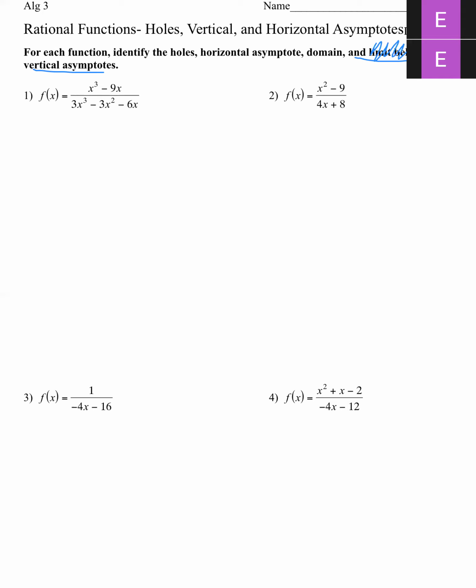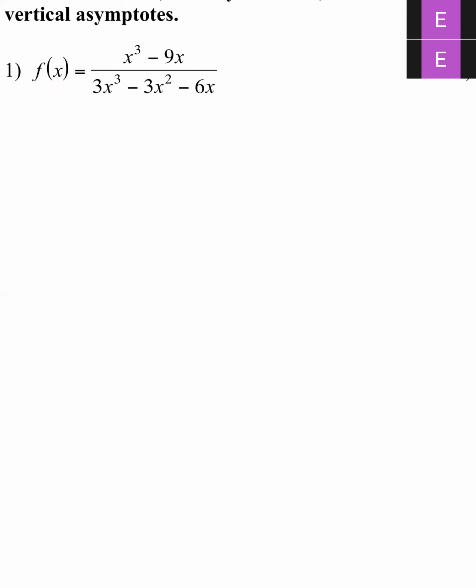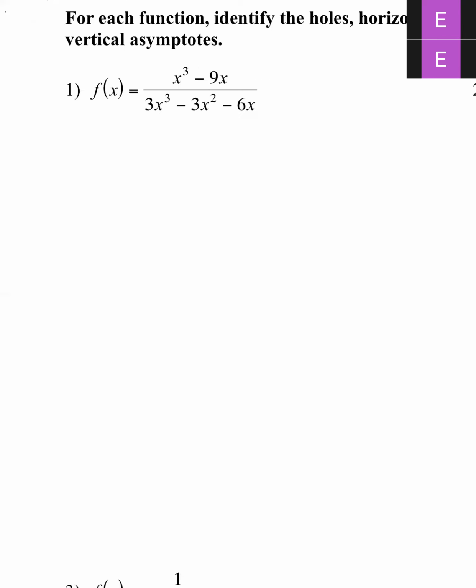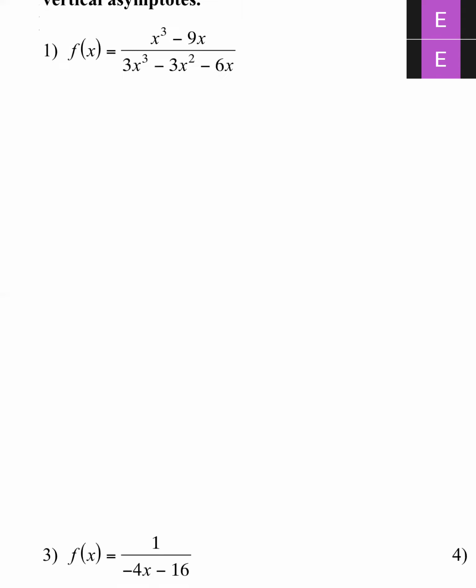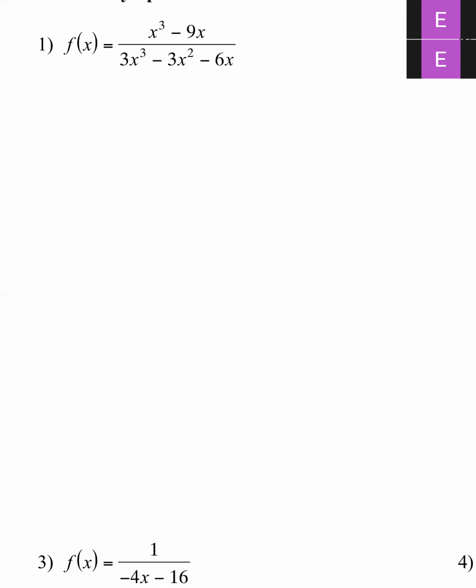So we have a bunch of things to find. The first thing we want to do with any of these is factor and cancel if we can. So let's take a look at number 1. I'm going to zoom in a little bit. I want to factor that numerator. In the numerator, I could take out an x, and I'd be left with x squared minus 9.